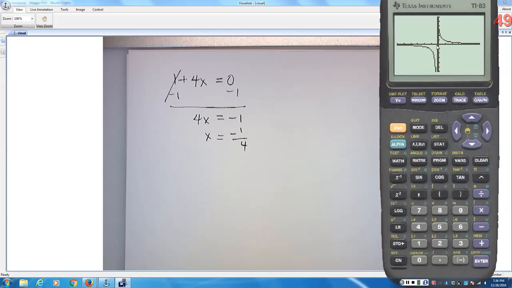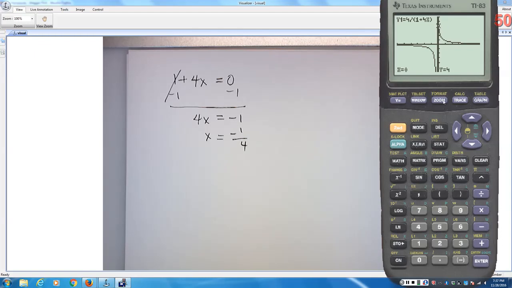It actually does cross the y-axis up here. It actually does have a y-intercept. And if you remember that the y-intercept is where the x value is equal to 0, you can see that it actually does touch that axis.